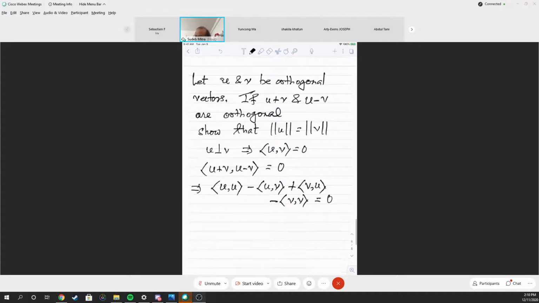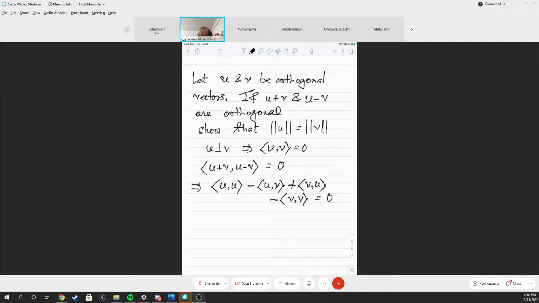But inner product UV is 0, inner product VU therefore is 0. That implies norm of U squared is equal to norm of V squared. That implies norm of U is equal to norm of V.